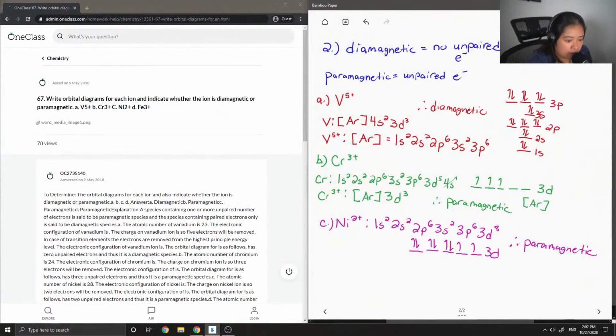And then let's look at the last one, Fe3+. It looks like this.